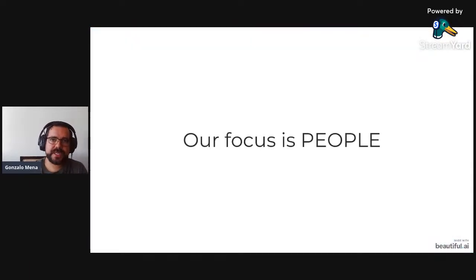Our focus here is people. We're solving people's problems. These are not theoretical problems. This is not numbers on an Excel spreadsheet problems. We're solving people's problems with names and last names, with faces. We have to remember that our focus for all this is solving people's problems.